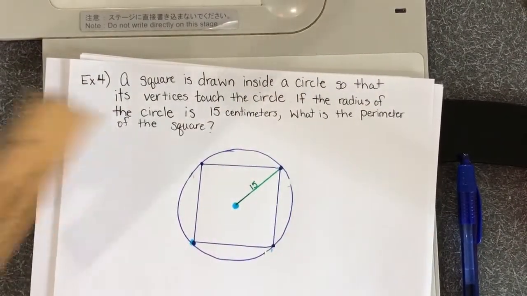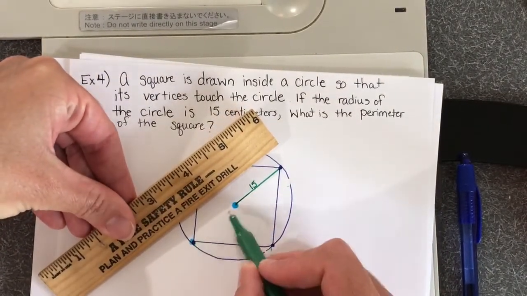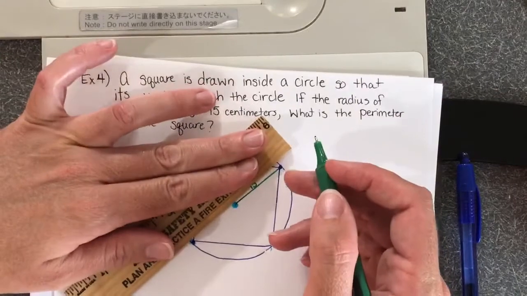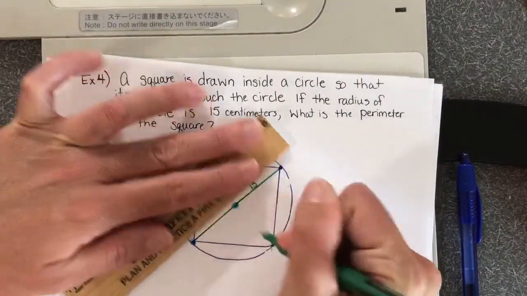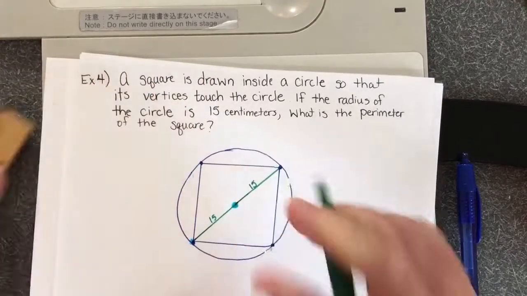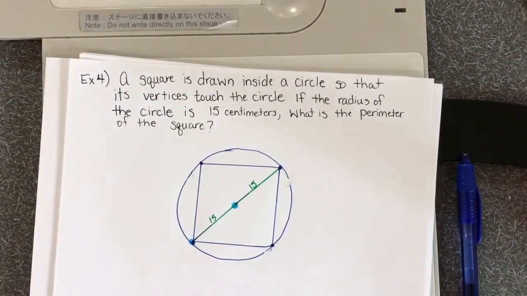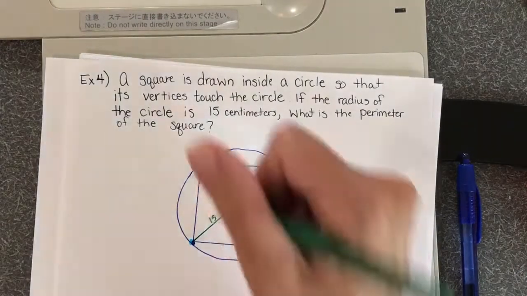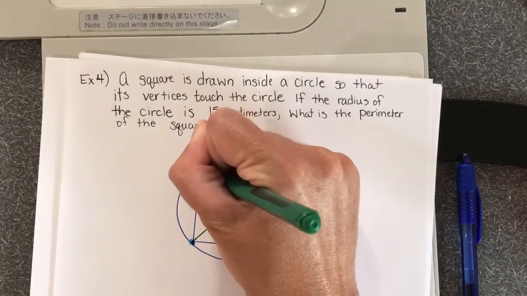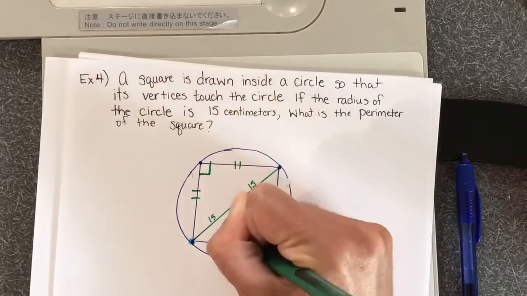But if I go from the center to the other point in the square and I create a diagonal in the square, notice how I've also created the diameter of the circle. And so now I know the diagonal of this square is a total length of 30 units. Because it's a square, I have my right angle, and all sides in a square are congruent.